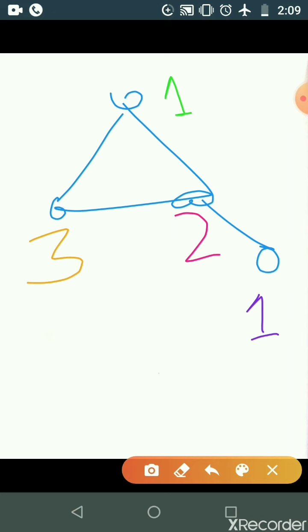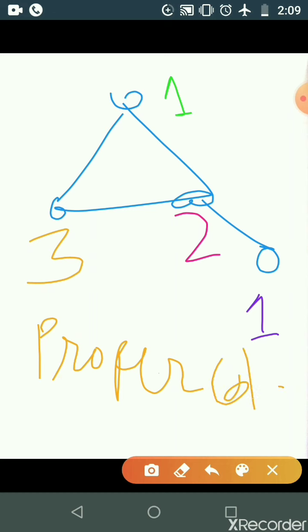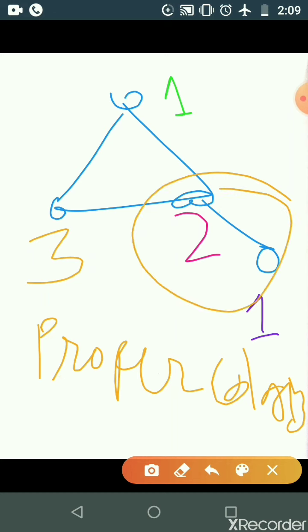So this graph has a proper coloring, you can say. Here proper coloring exists, where the vertices are colored properly such that every two adjacent vertices get different colors.